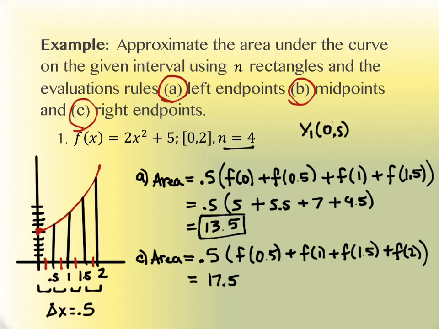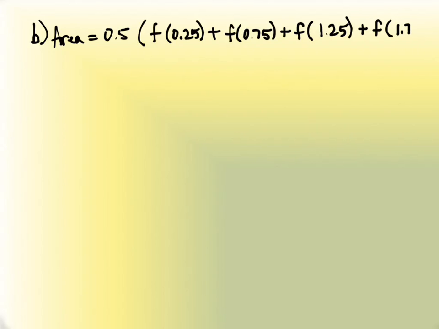So the first one is 0.25. Agreed. So this is f of 0.25, or just 0.25 if you prefer. What's the second one? Halfway between 0.5 and 1. 0.75. What's the third one? 1.25, and the last one, 1.75.